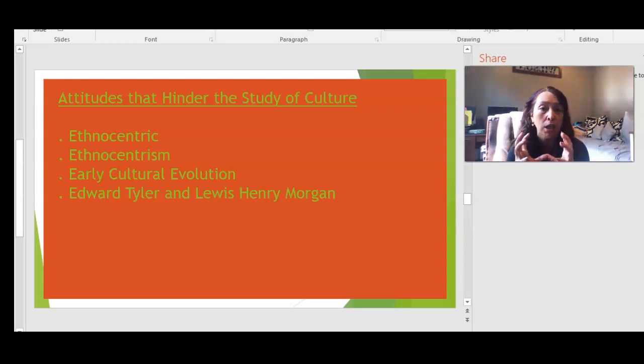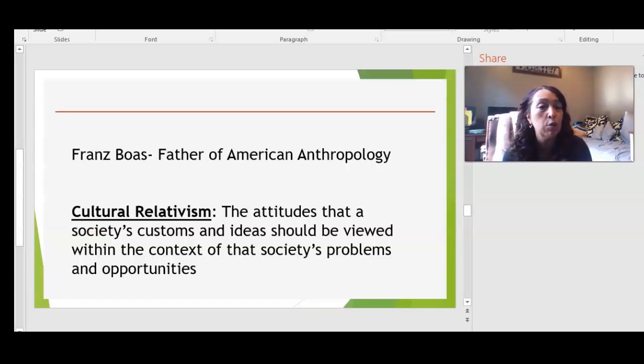And within these boxes, they were really negative. It would be like savage and barbaric, and you're a non-human. And like I said, it was very ethnocentric, and it was very discriminatory. And it was just one of these theoretical approaches where the father of anthropology really conflicted and fought against ethnocentric ideologies. His name was Franz Boas.